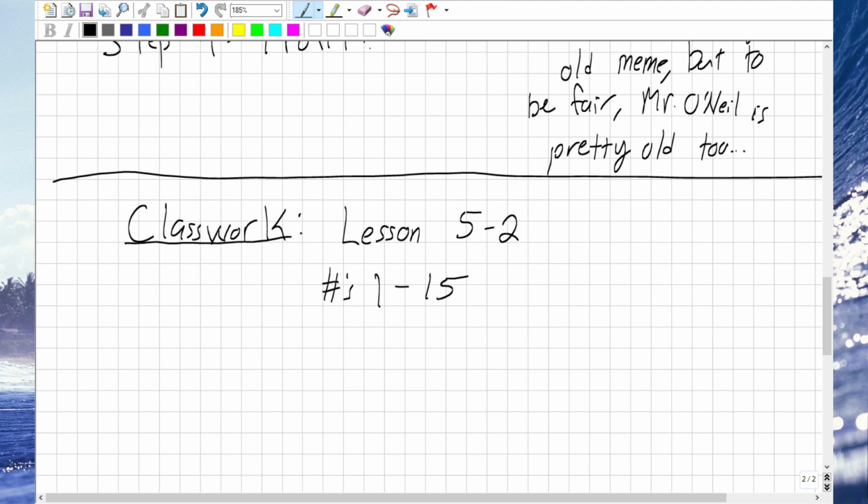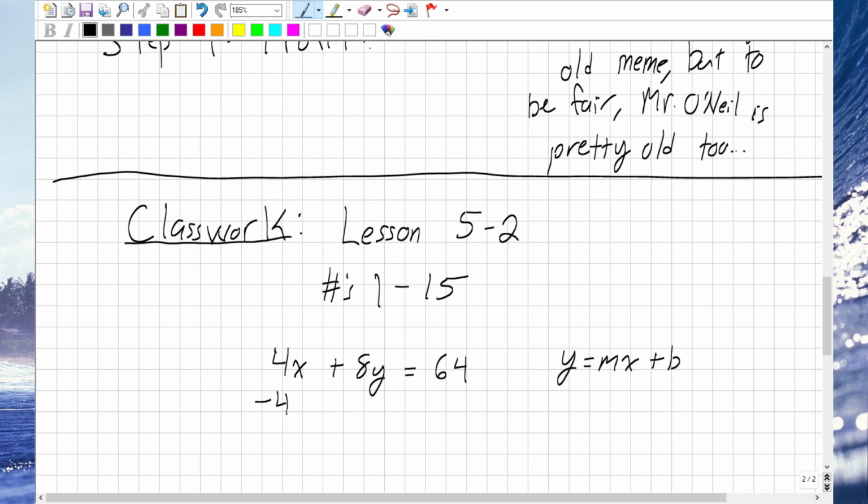If you don't know how to graph in the format that they're in, for an example, if I saw something like 4x plus 8y is equal to 64, and I didn't know how to graph it, I could convert it into the format that I do know by doing some careful manipulation.